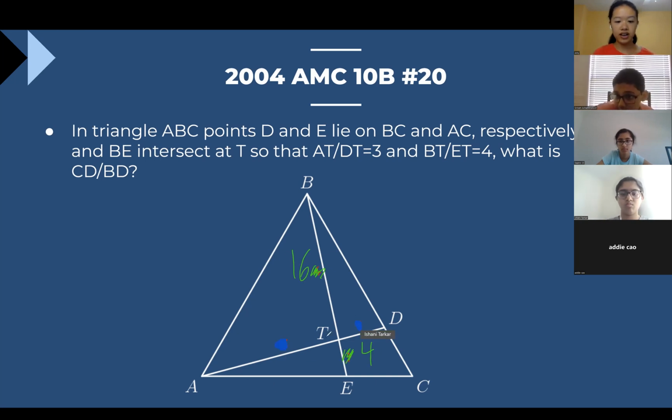And then if we multiply AT and TD by 5, we'll get 15 for AT and 5 for TD. And now if you notice these distances, BT plus TE, the total distance is 20. And over here, the total distance is 20 as well. And what that means is that then the weights will be equal.